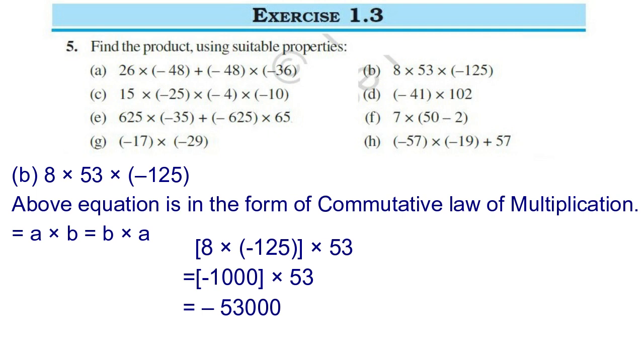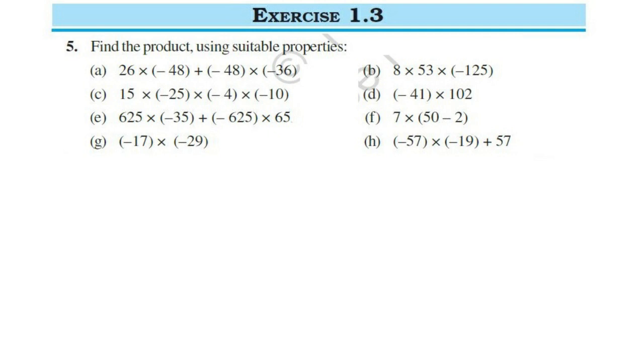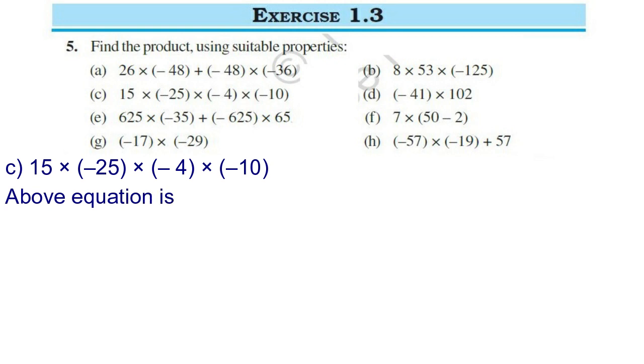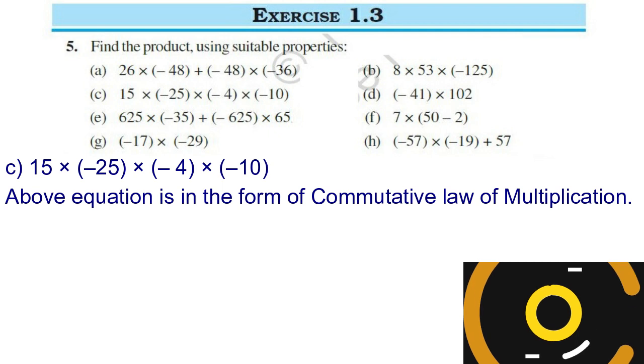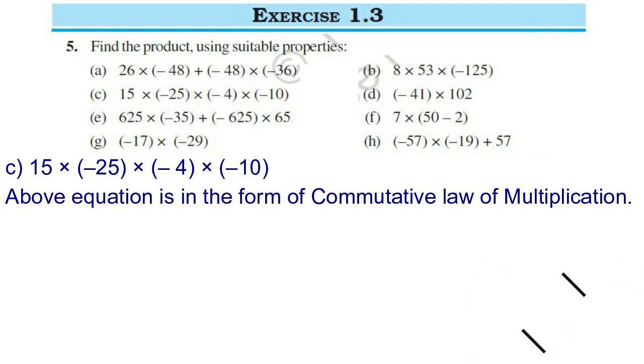Go to the next problem, problem C. 15 into minus 25 into minus 4 into minus 10. The equation is also in the form of the commutative law of multiplication. So similarly, first we arrange according to our choice. First we multiply minus 25 into minus 4.